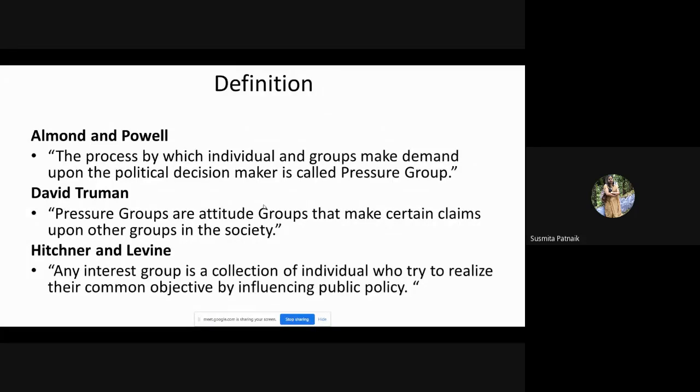It says that any interest group is a collection of individuals who try to realize their common objective by influencing the public policy. So among these three definitions, the most important thing is that the main objective of a pressure group is to put pressure upon the government in order to get their interests satisfied.